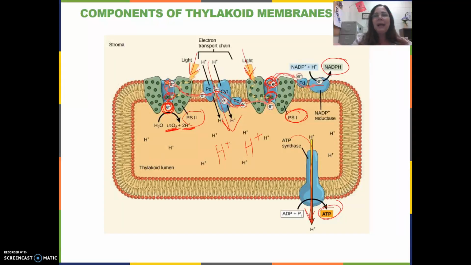So that electron actually becomes part of this NADPH. The NADP plus is the final electron acceptor in this case.